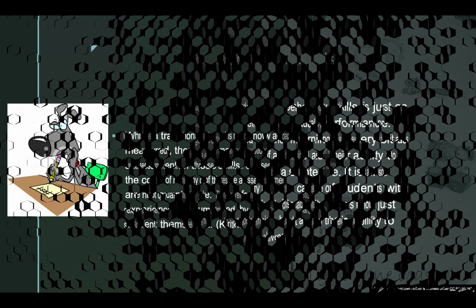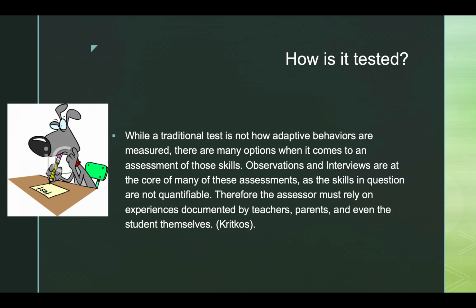So, of course, adaptive behaviors cannot be quantified in the same manner that an academic issue might be able to. So, while traditional tests are not how adaptive behaviors are measured, there are many options when it comes to the assessment of those skills. The top 3 would be observations and interviews, and then also questionnaires when it comes to teachers are highly suggested, as the skills in question are not quantifiable.